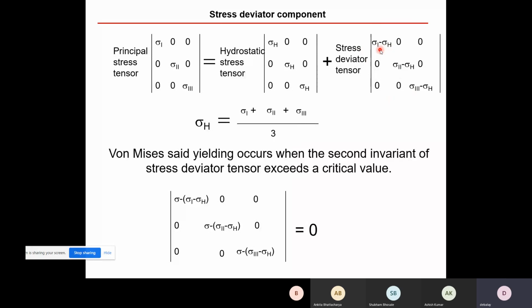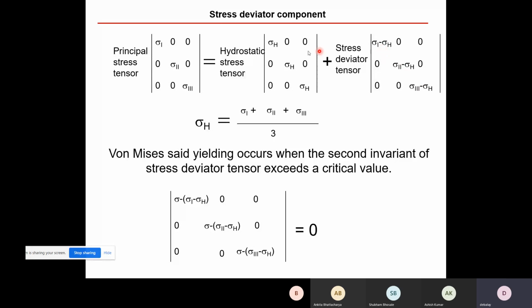You can write it as the bracket (sigma 1 minus sigma 2 plus sigma 1 minus sigma 3) by 3. Similarly, this term you can write as (sigma 2 minus sigma 3 plus sigma 2 minus sigma 1) by 3. Similarly, this term you can write. So you can see every term in this is again coming back to the difference in principal stresses.